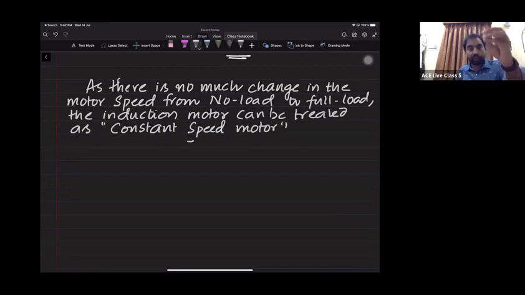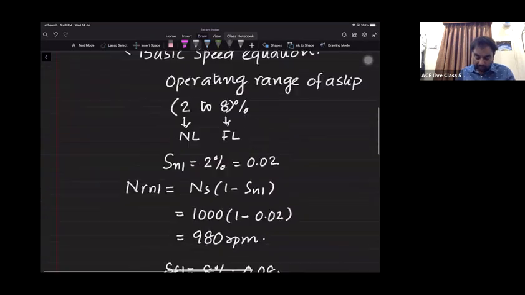I hope this point is clear. All of you confirm with me. Is this point clear, all of you? Right, done. So this is the third point, right?